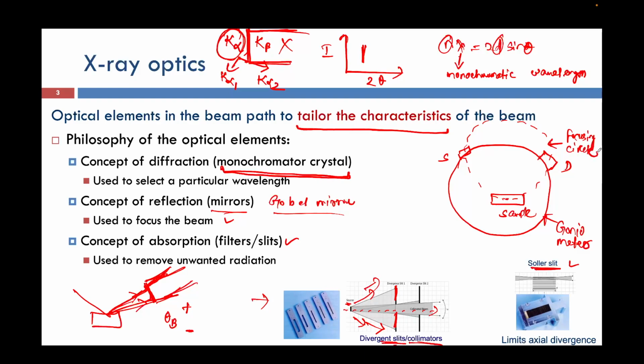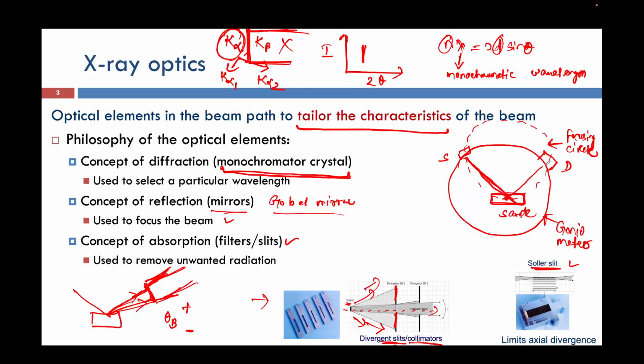Here we can see that on the focusing circle, if you connect the sample to the circumference of the circle, you will only get one point where perfect Bragg's reflection can take place, right? You will find one for a particular theta position.